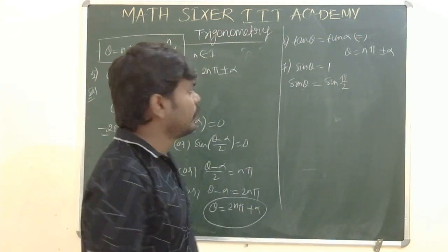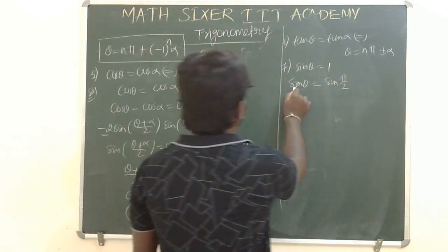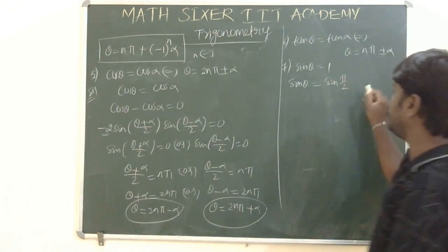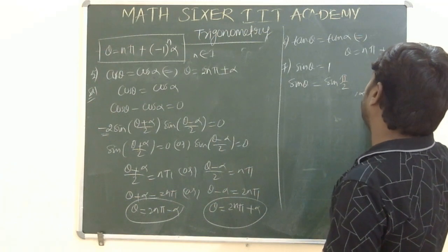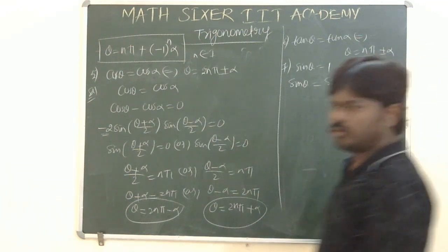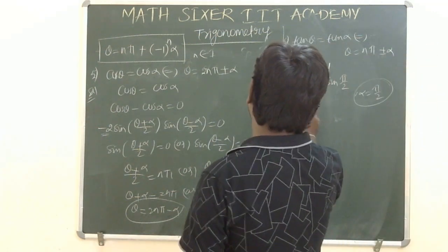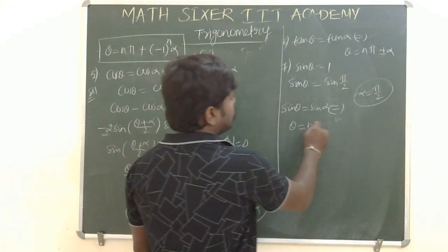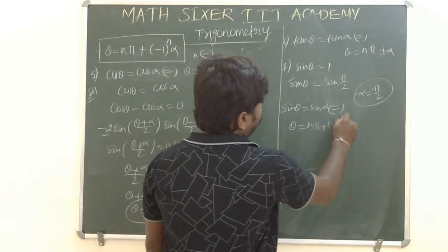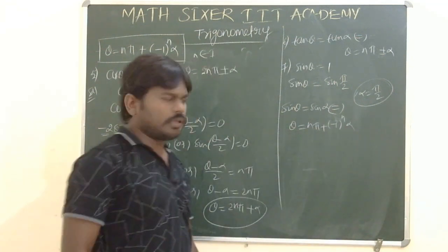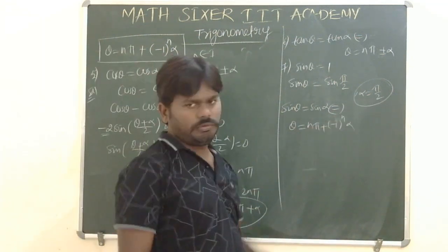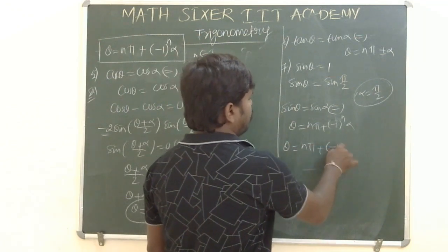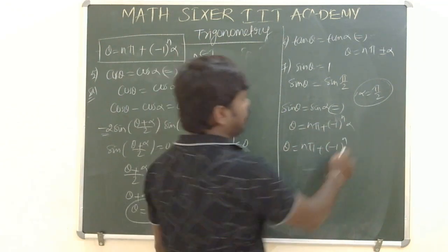Now it is in the form sin theta is equal to sin alpha, where alpha is equal to pi by 2. As we know, sin theta is equal to sin alpha if and only if theta is equal to n pi plus minus 1 power n into alpha. Here alpha is equal to pi by 2.